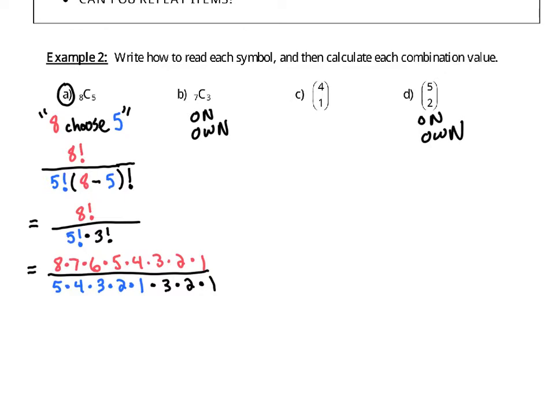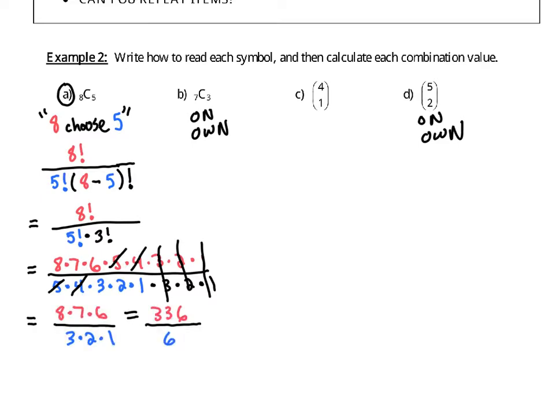Well, this is a pretty large value, and so we notice that there are some values in common on top and bottom. For instance, I could cancel out the 1 over 1, 2 over 2, and 3 over 3. I could also then cancel out this 5 over 5 here and the 4 over 4.